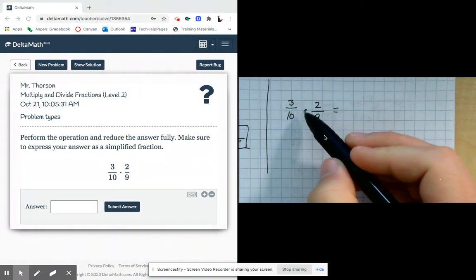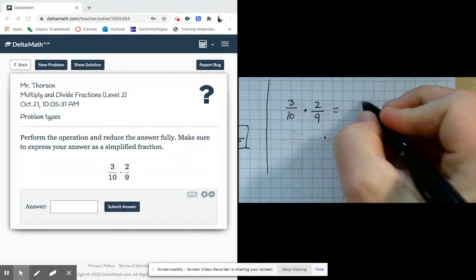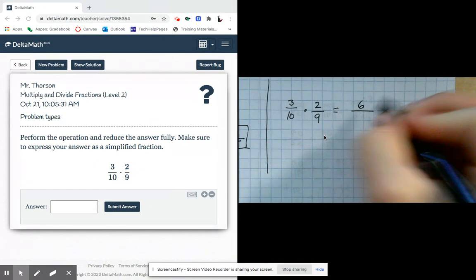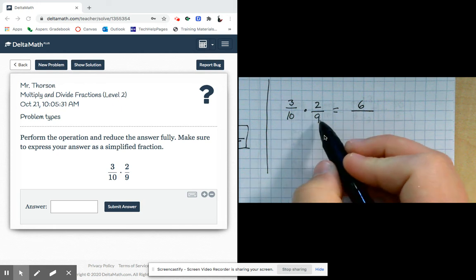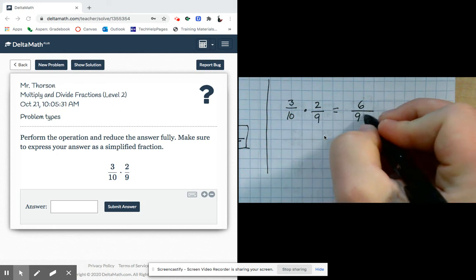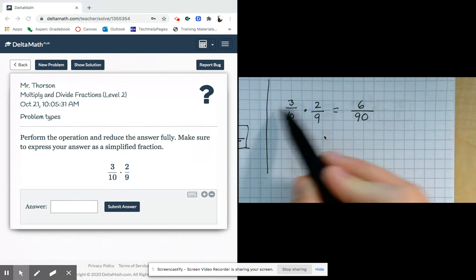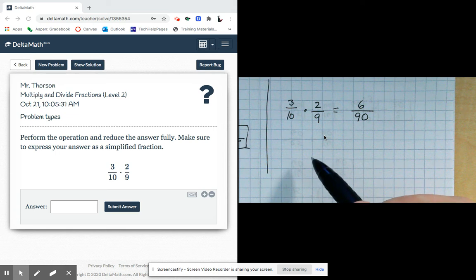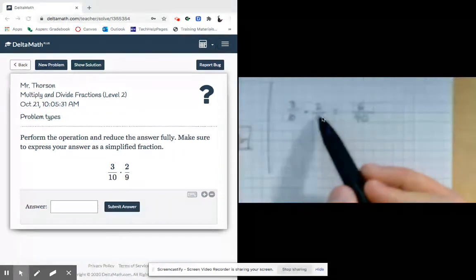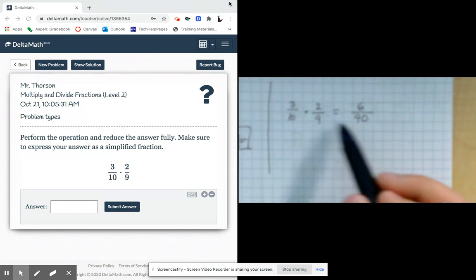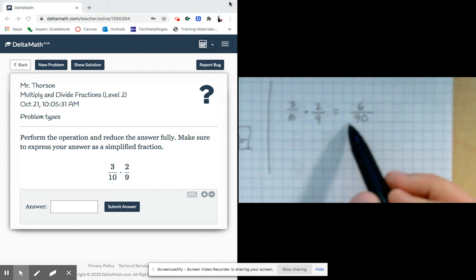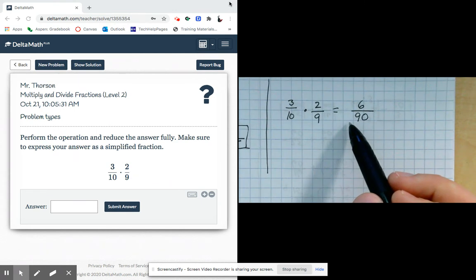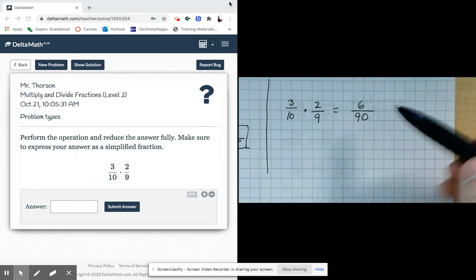So 3 times 2, that's going to give me 6. 10 times 9 is going to give me 90. These were both positive numbers, and we know that if we have the same sign, it's going to be a positive product, right? But we're not done yet.